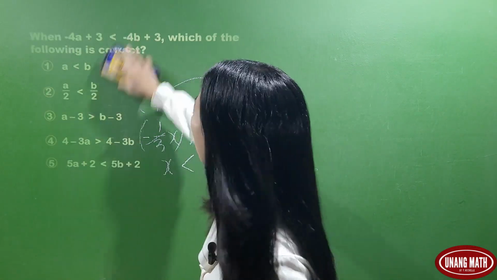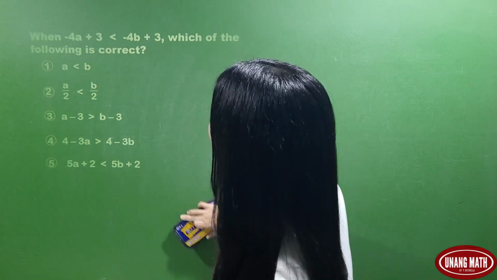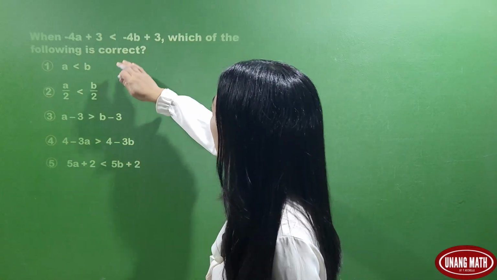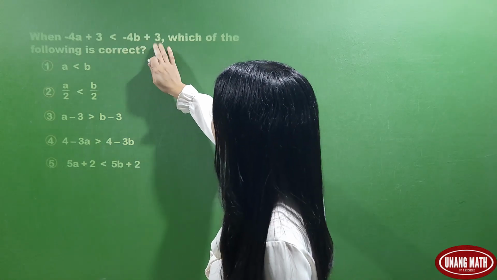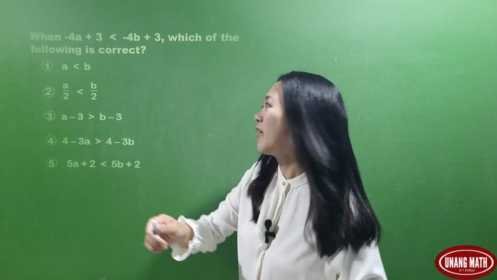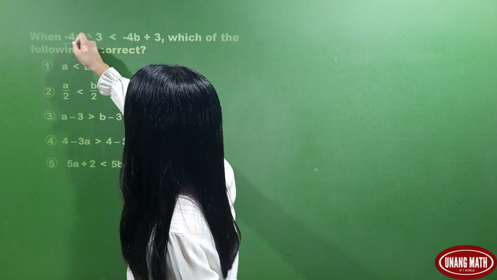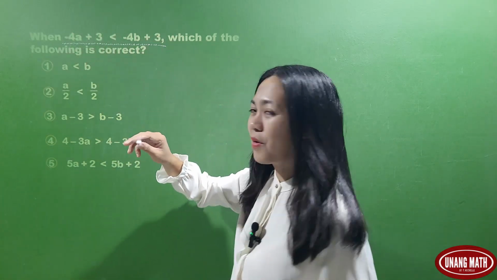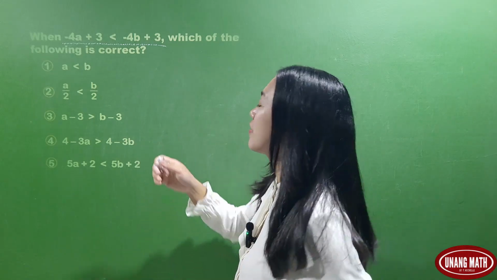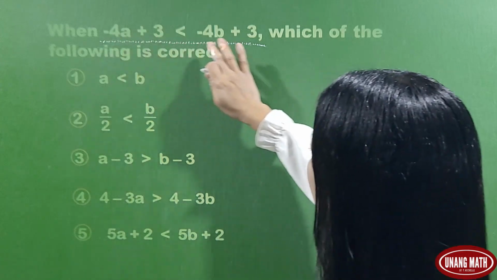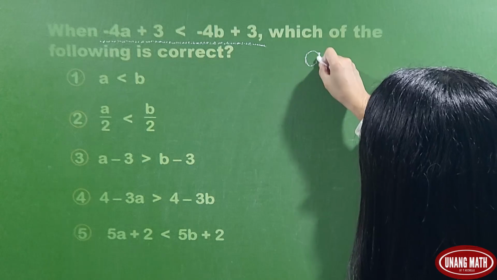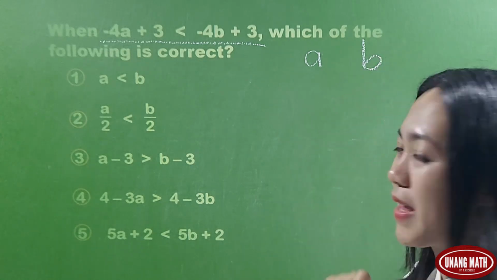Okay, and for the last problem, let's also answer this one. When negative 4a plus 3 is less than negative 4b plus 3, which of the following is correct? If you take a look at this inequality, it's long and complicated. So our strategy is we will simplify this inequality to a, b.